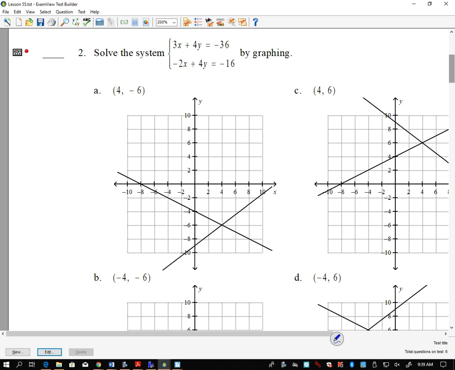Perfect, the 3x. How do I get the 3x to the other side? Perfect, minus 3x on both sides. I'm going to rewrite that. So it's 4y equals what? Perfect, very good. Now you want to get rid of the 4. How do you get rid of the 4? Divide on both sides. Excellent, divide by 4. So I get y equals what?